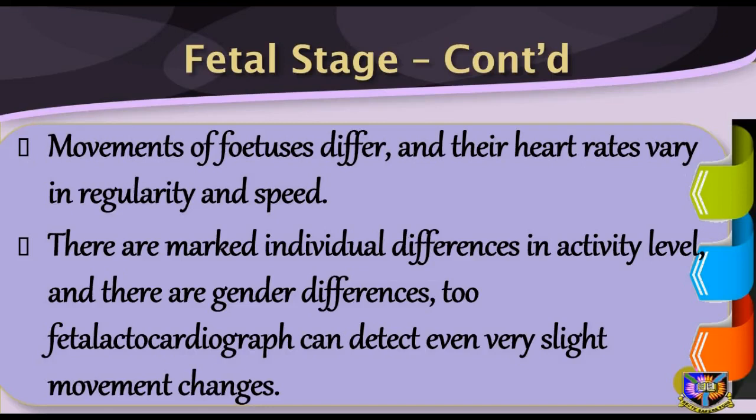They also showed less but more vigorous activity, perhaps a result of the increasing difficulty of movement for a growing fetus in a constricted environment, as well as of maturation of the nervous system.